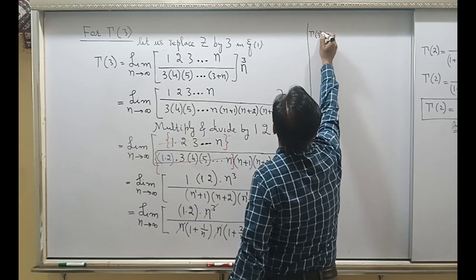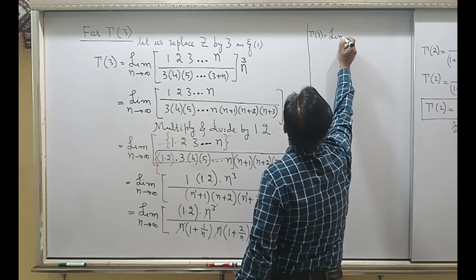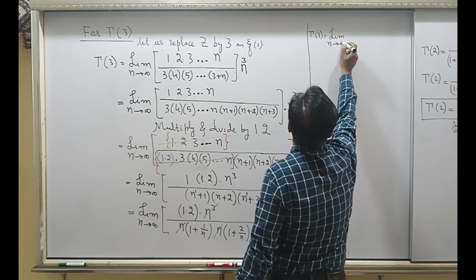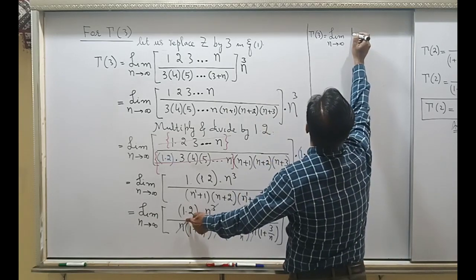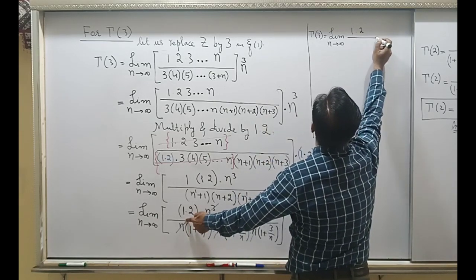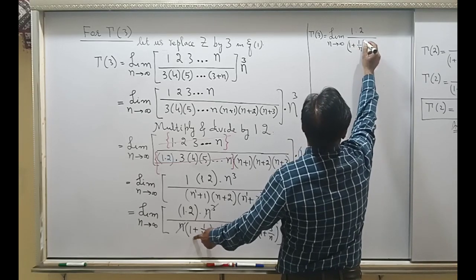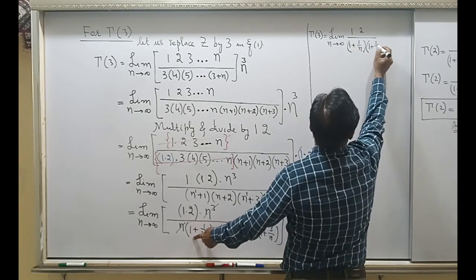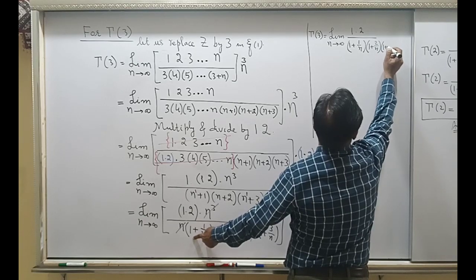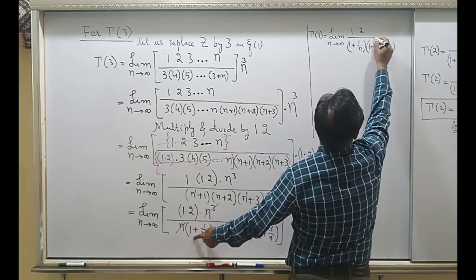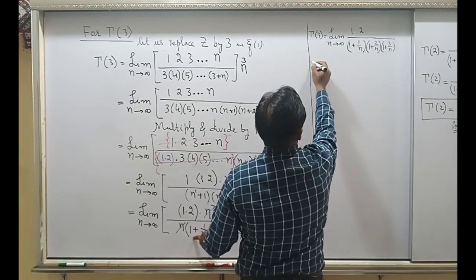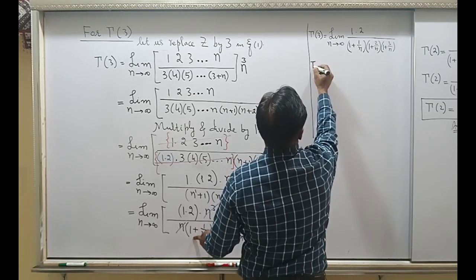Here, gamma 3 is equal to limit n approaches infinity, 1 into 2 divided by 1 plus 1 over n into 1 plus 2 over n into 1 plus 3 over n, and apply the limit now.